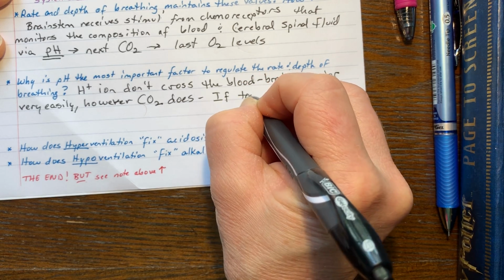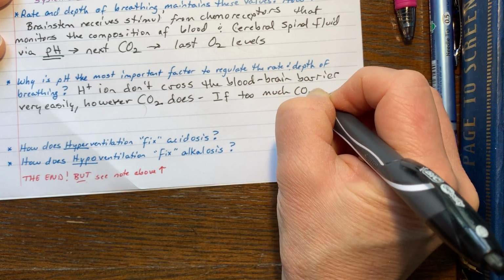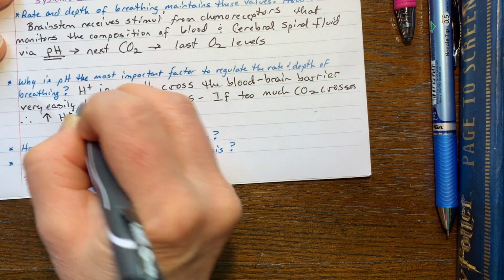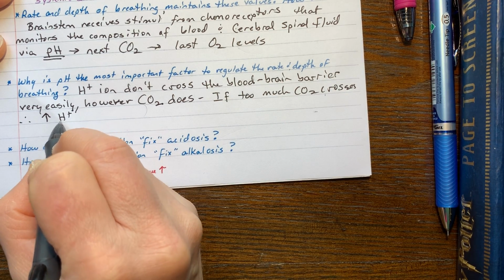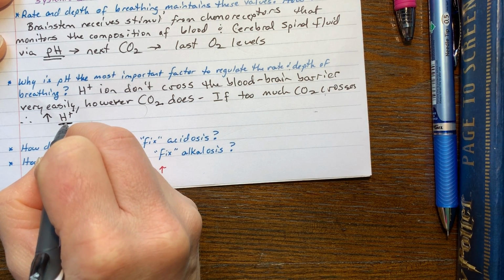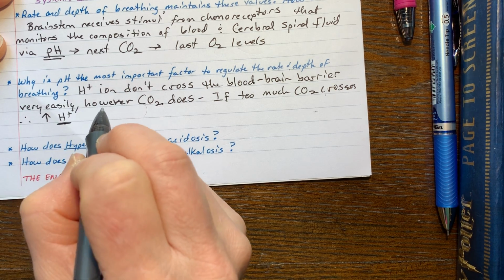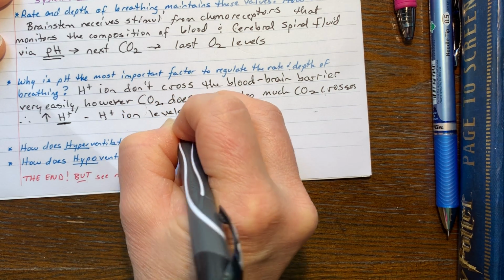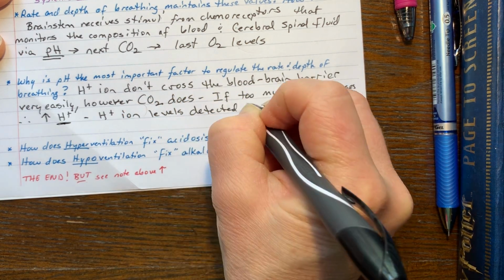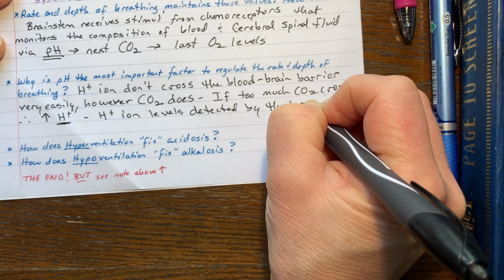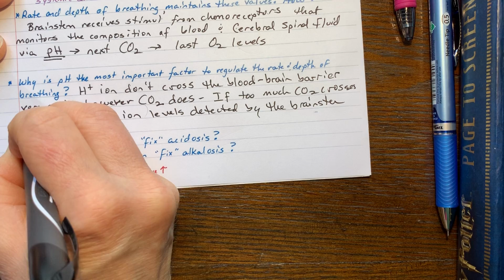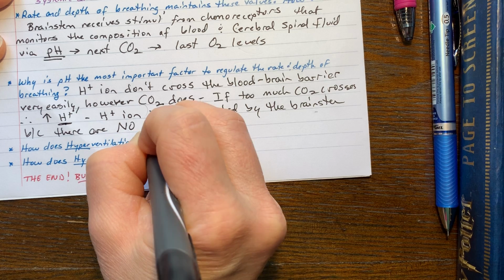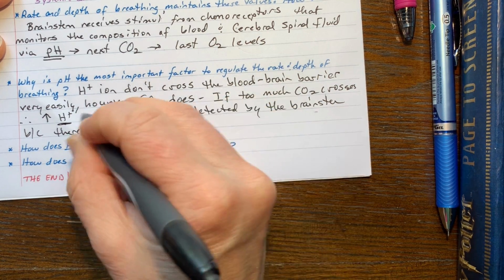If too much CO2 crosses, there is therefore an increase in hydrogen ions, because once it crosses, it breaks down. Now you have a lot of hydrogen ions, and this is what's detected by the brainstem, because there are no buffers to use up the hydrogen ions.